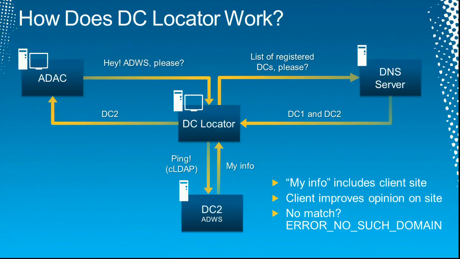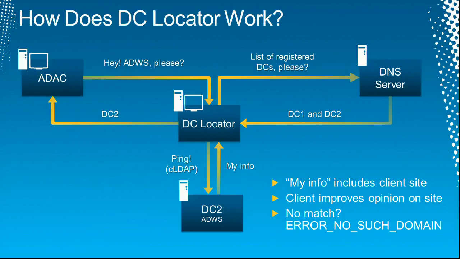One thing that I want to mention is that the information returned by the domain controller includes the client site name. So this is important because with the introduction of IPv6, clients can have multiple IP addresses. So the IP address that is used to perform the LDAP ping is taken by the domain controller, which calculates where the subnet is mapped to, and then returns that site to the client.